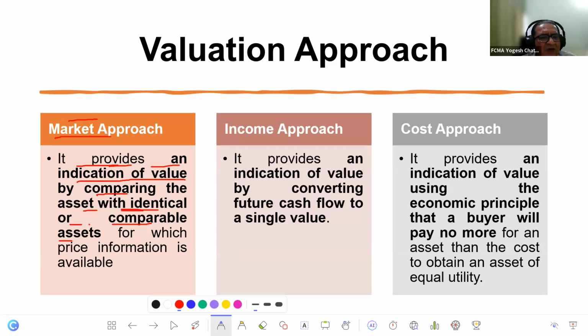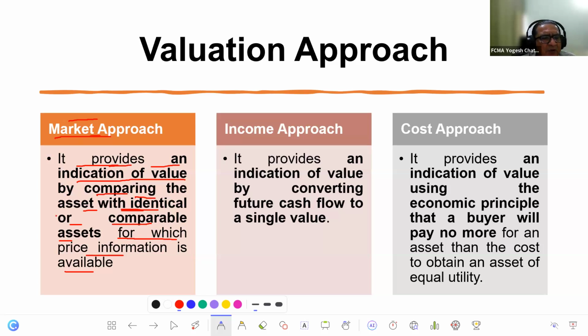But that is not sufficient. The second condition is that price information must be available. Unless the price information of the comparable or identical asset is available, we cannot make use of the market approach.